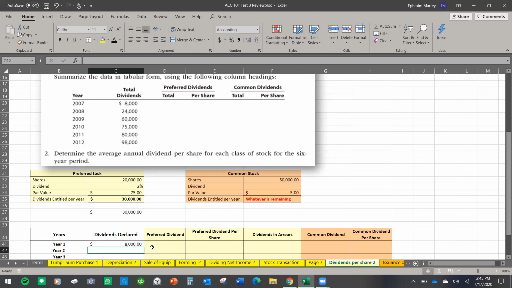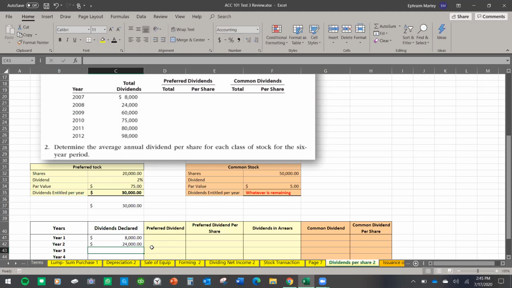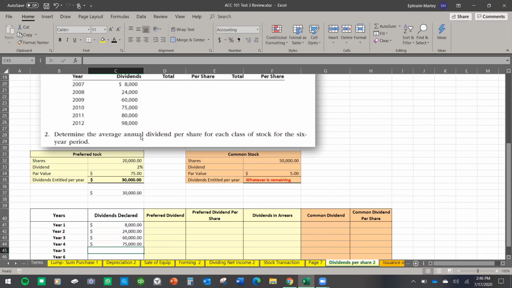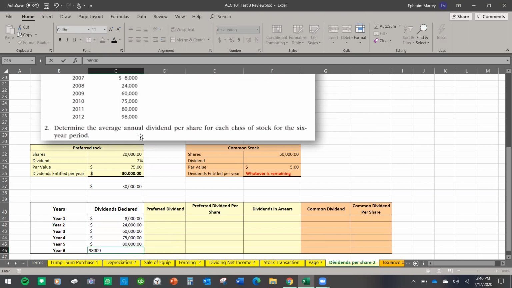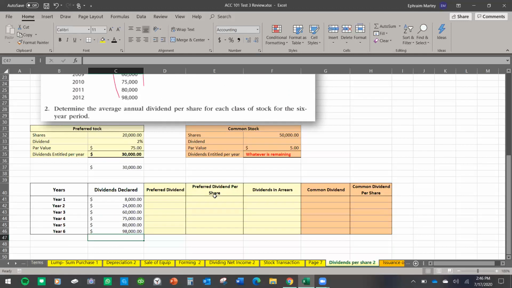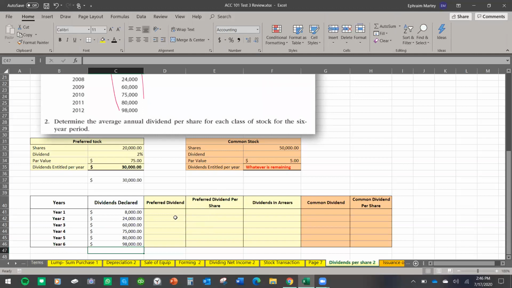Year two, we declare $24,000. Year three, 2009, we declare $60,000. Year four, 2010, we declare $75,000. And then we declare $80,000, and then we declare $98,000. I just copied and pasted what is here because I don't want to go back and forth anymore.